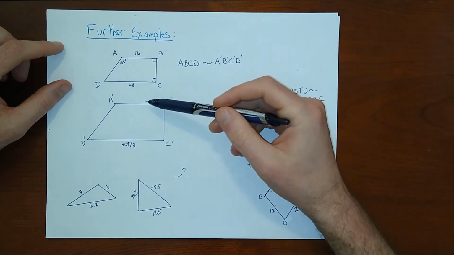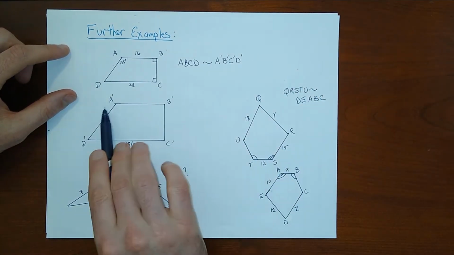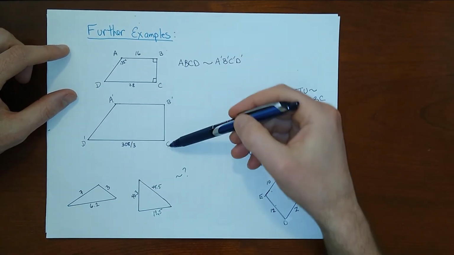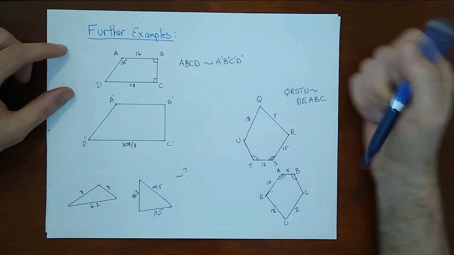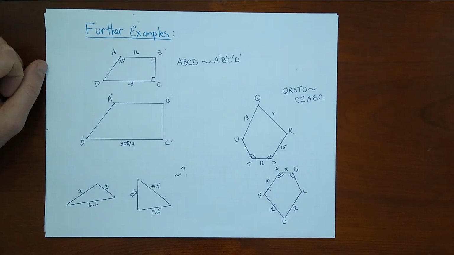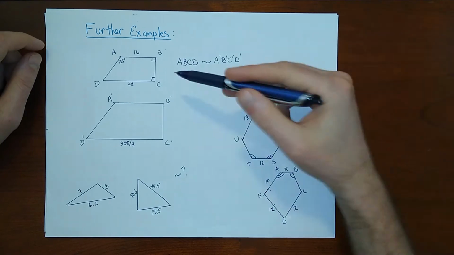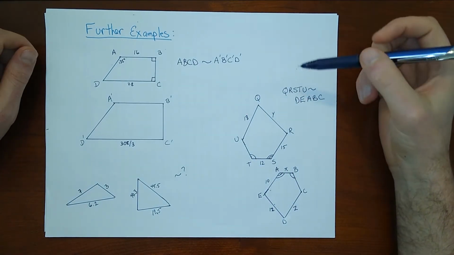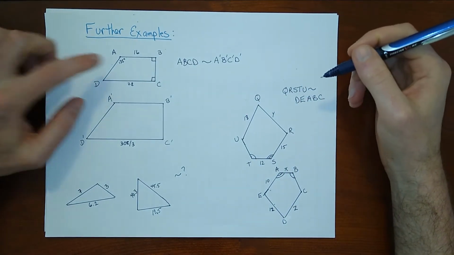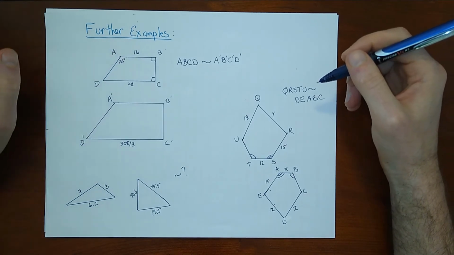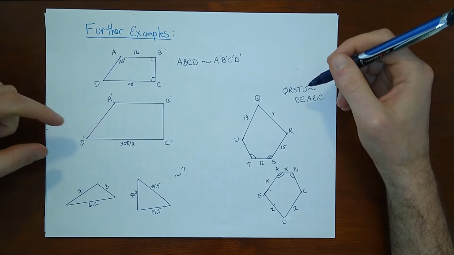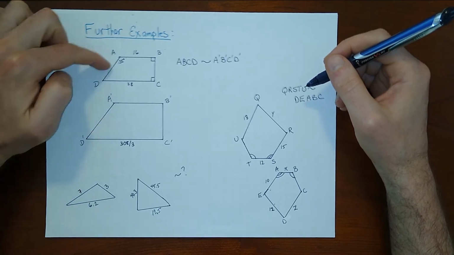And so if we want to find all of these other unknown side lengths, A prime, B prime, C prime, and so on, we would need to find what that scale factor is, because that's the thing we need to multiply to scale these lengths up into these lengths, or use the reciprocal of it to shrink these lengths to these lengths.